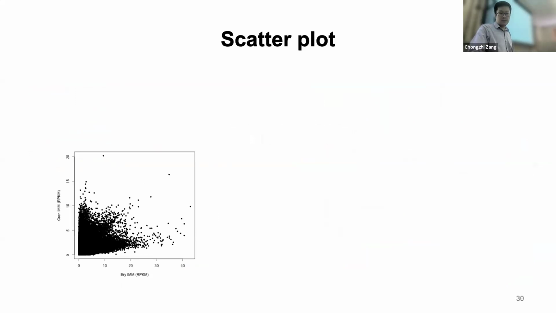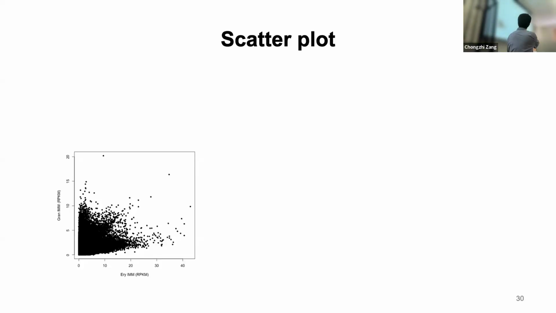So in the next few minutes, I will share with you some tips about how to present your data in a more rigorous and clearer way. So the first tip I want to share is for a scatter plot.